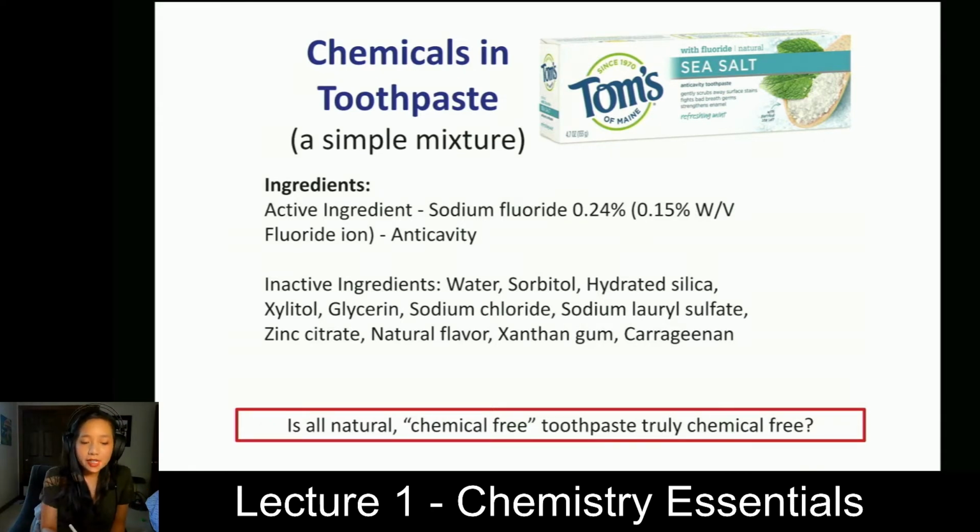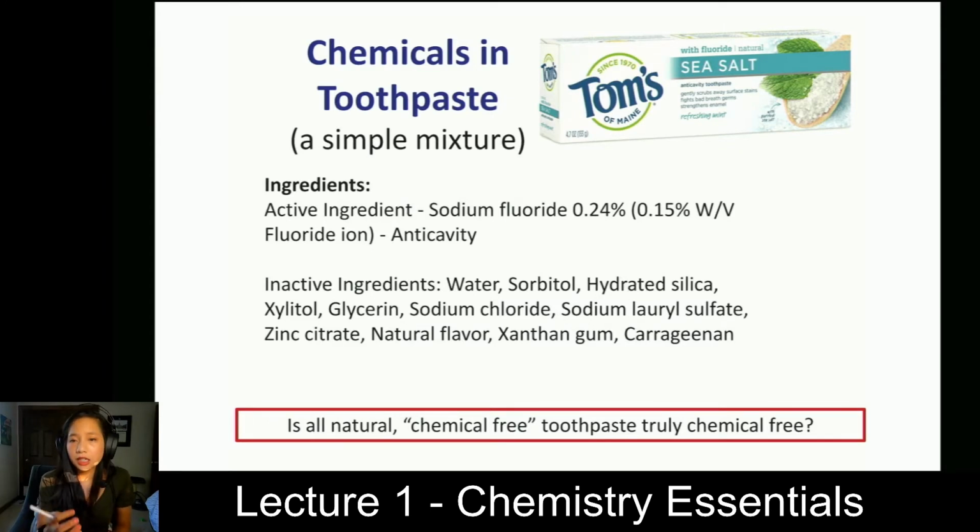But every single one of these chemicals has a specific purpose. That is why it is there. Typically, manufacturers don't add things to a product unless it's needed. A lot of these things, sorbitol, xylitol, are sugars, so when you're brushing your teeth, it's a more pleasant experience.